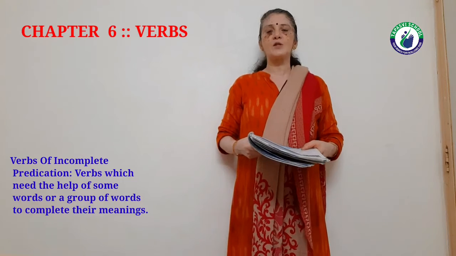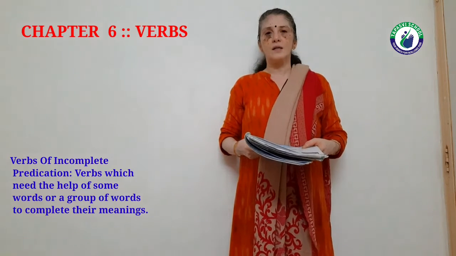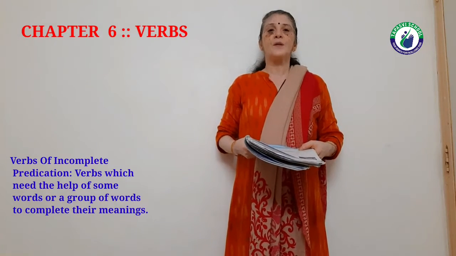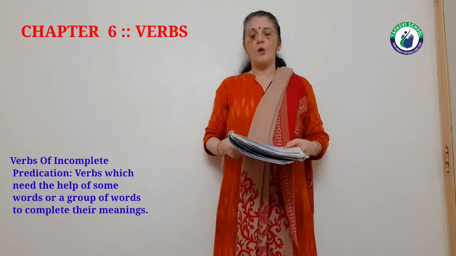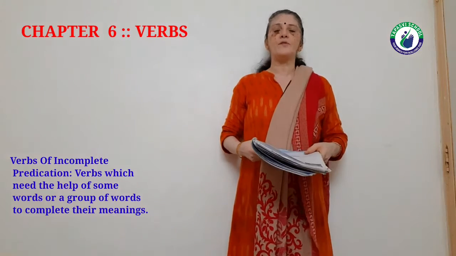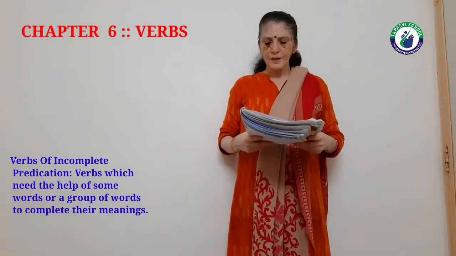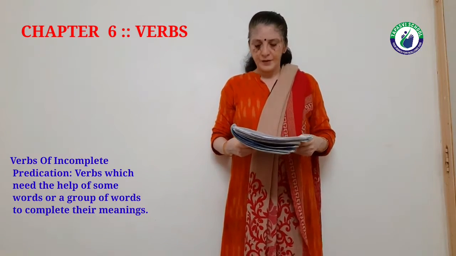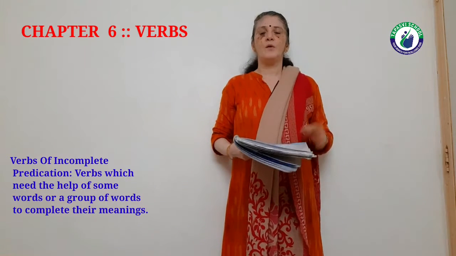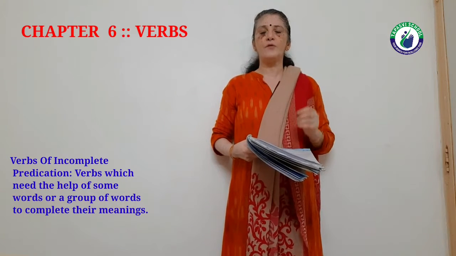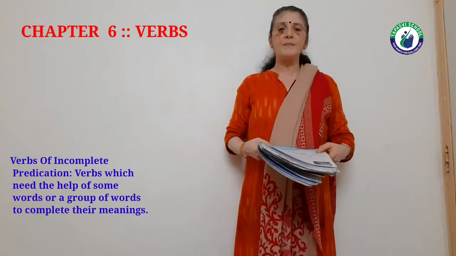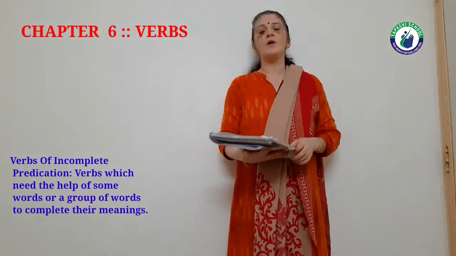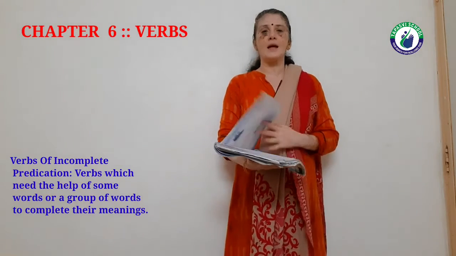Means the verbs which require some words or group of words to make complete sense, and these words are called the complement of a verb. Now we can understand that verbs which need some words or groups of words to complete their meanings are called verbs of incomplete predication.